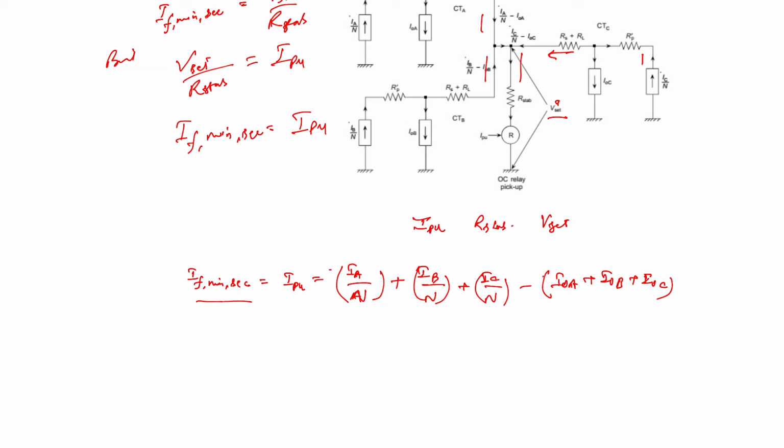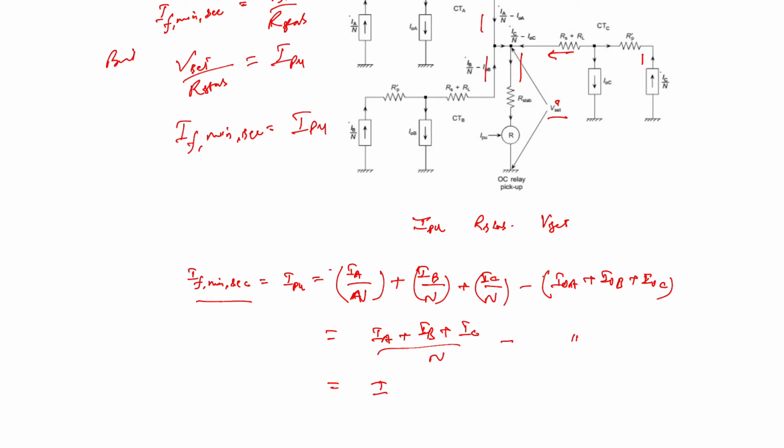So I have written directly the current minimum, that is the sum of all the currents. Then finally we are getting IA divided by N plus IB by N plus IC divided by N minus the sum of IOA plus IOB plus IOC, and finally we get IA plus IB plus IC divided by N minus this same value. These IA, IB and IC are the internal minimum primary currents.